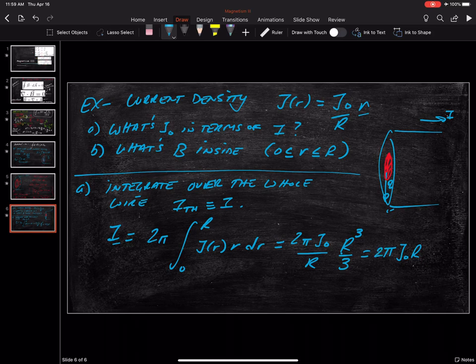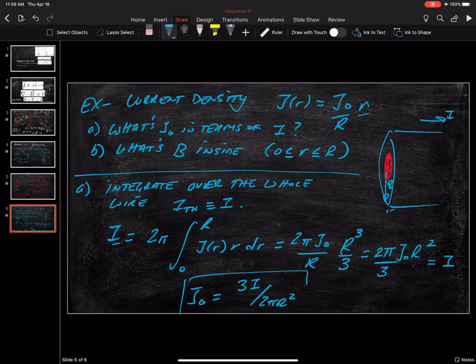And so this is 2/3 J naught R squared, and this is equal to I, so J naught should be equal to 3I over 2 pi R squared. And that gives me my J of R. All right, so that's part A.